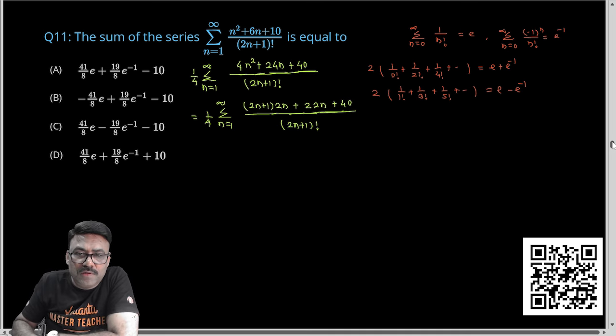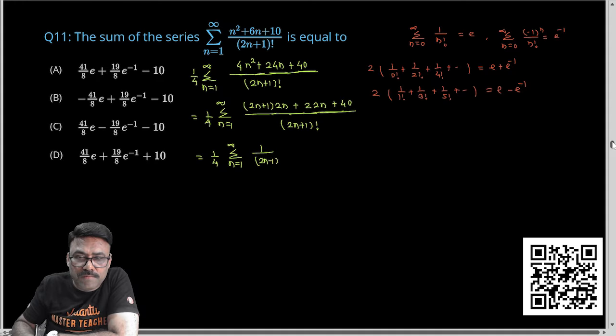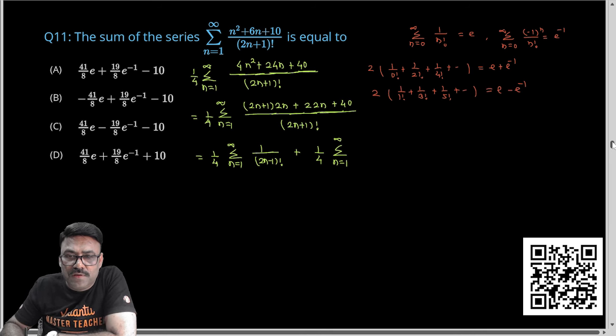Now divide. So 1 by 4 sigma n varying from 1 to infinity. If I divide this numerator 2n plus 1 into 2n by this denominator, so 2n plus 1 cancels, 2n cancels, so it will be 1 by 2n minus 1 factorial. Then I have 1 by 4 sigma n varying from 1 to infinity, 22n plus 40.